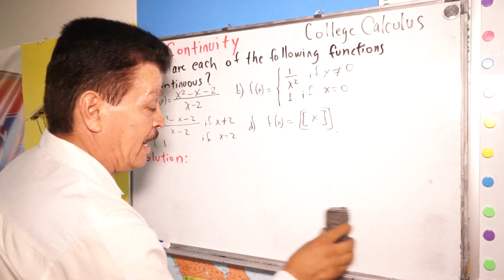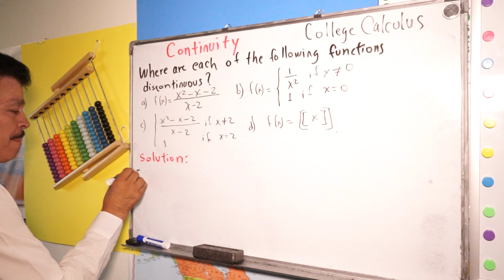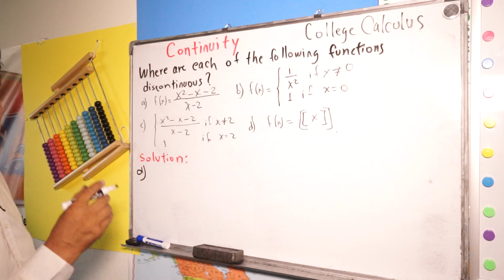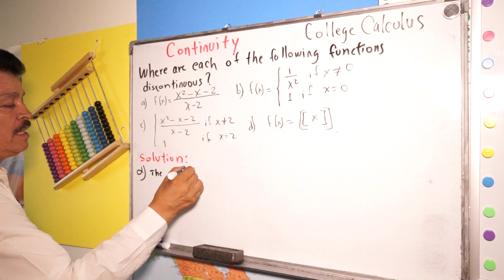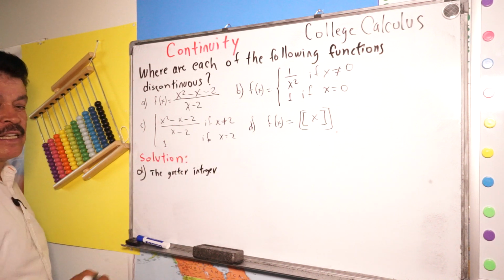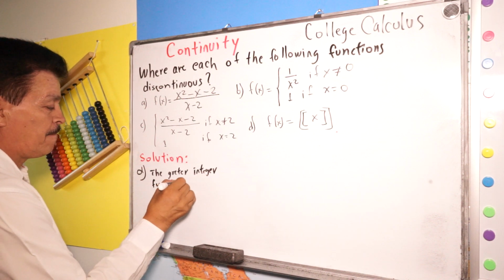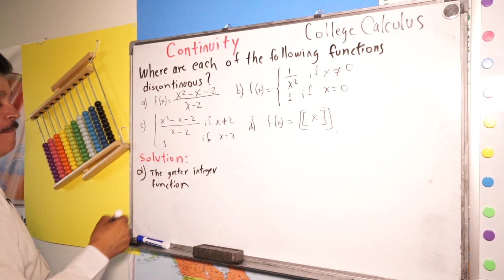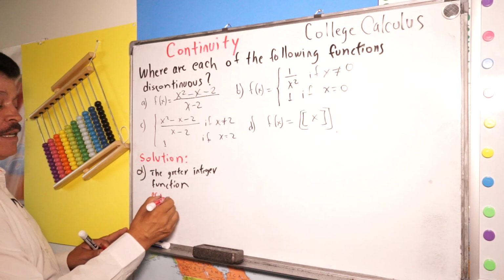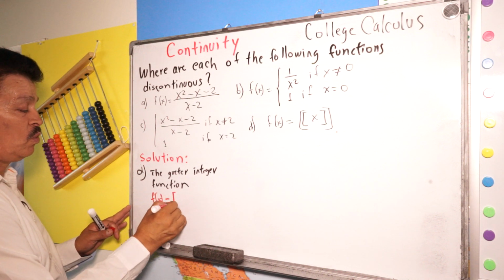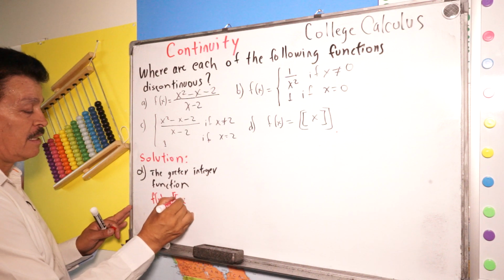Let's go to the last one, the solution for problem D. Here is the greatest integer function, f of x equals the greatest integer of x. The sign is a little bit difficult.